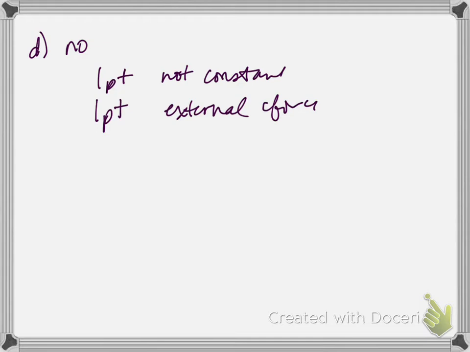So whenever you get a question that says, is this constant, is that constant, and they ask you why, remember the parameters for momentum to be conserved. For example, there can't be any external forces. For energy to be conserved, there can't be any external work done on the system. So don't let that why question make you like Bambi in headlights.